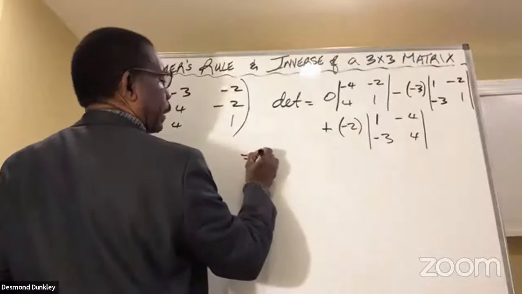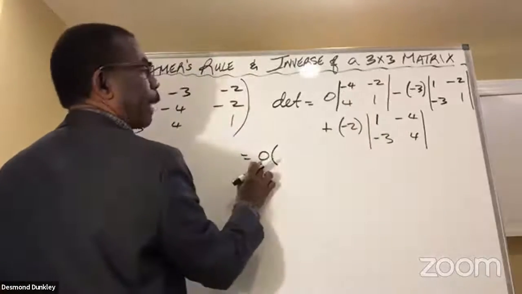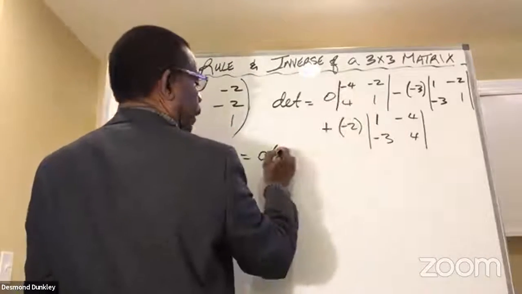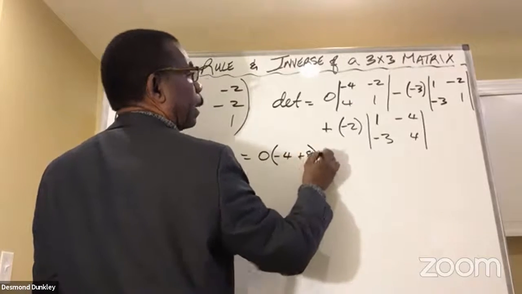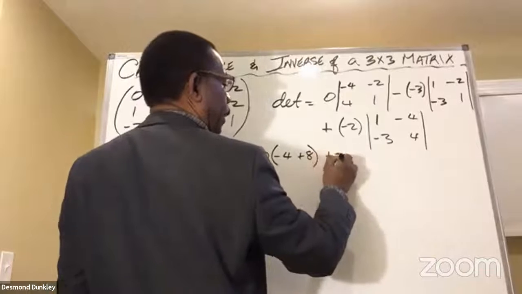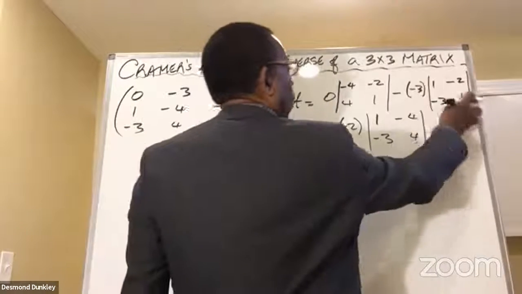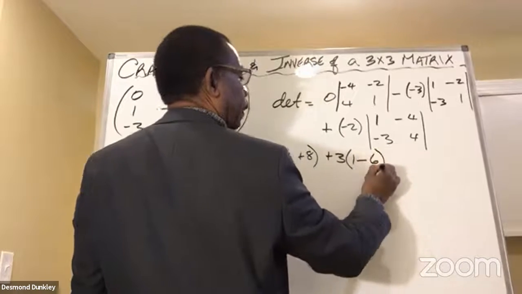So the determinant is equal to 0 times, well, this is going to be 0 because you're multiplying by 0, but let's finish it. It's -4 plus 8. And then this is minus minus, so it's going to be +3 times 1 minus 6.